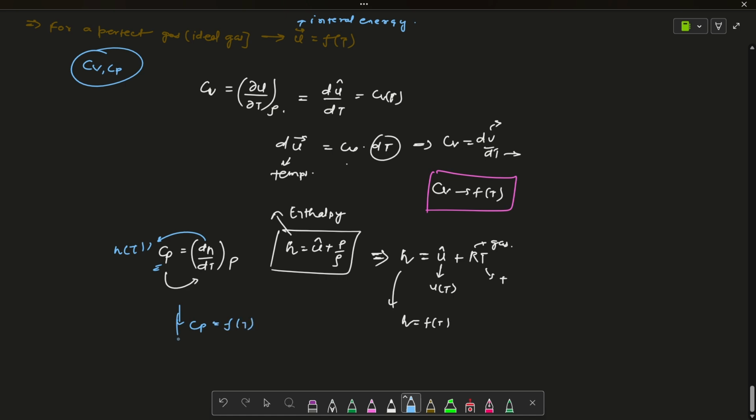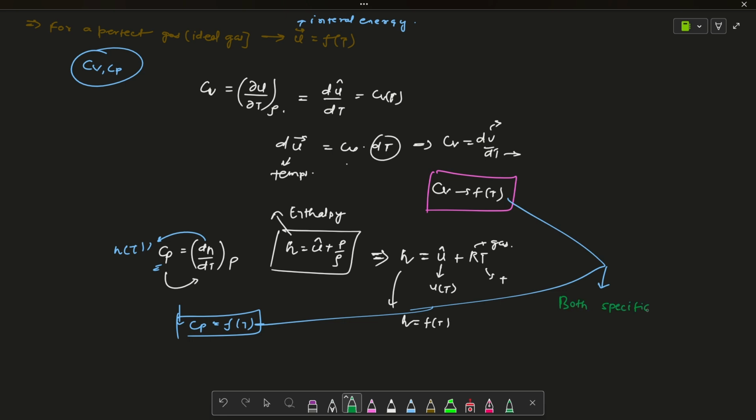So we have proved that both, and the conclusion we can get from here is that both specific heats are only functions of temperature only, right?